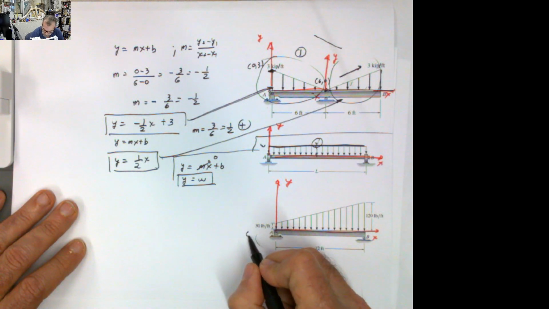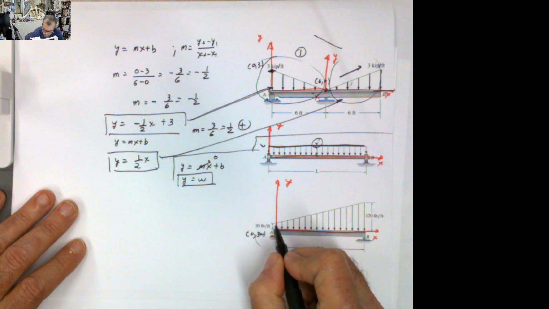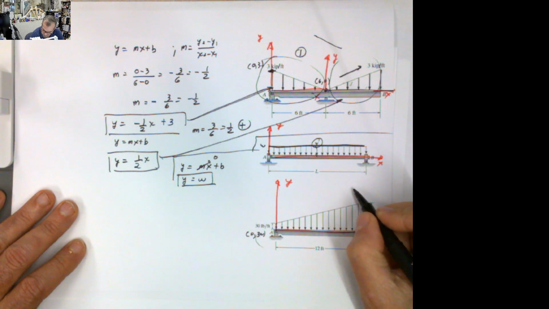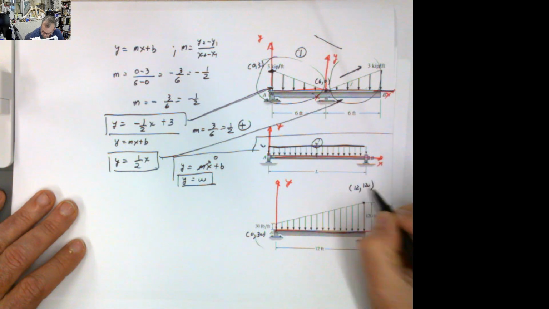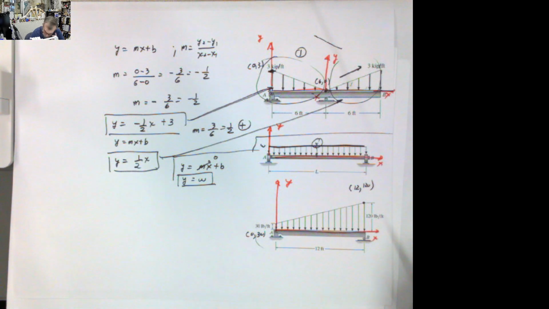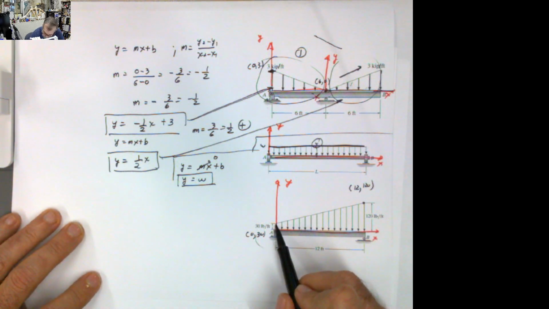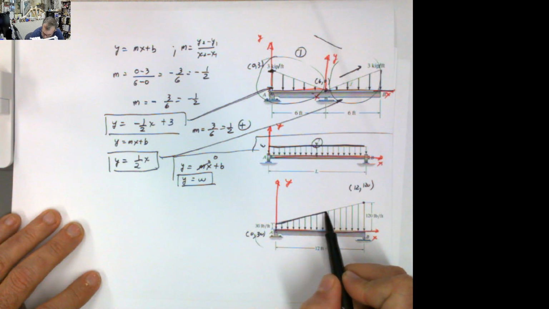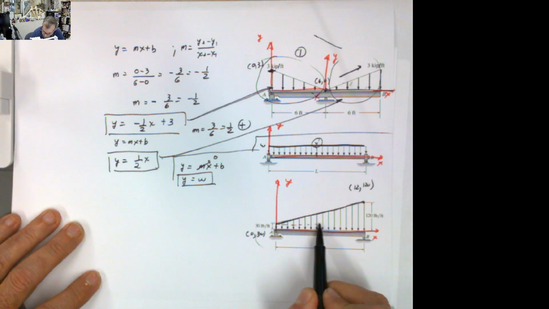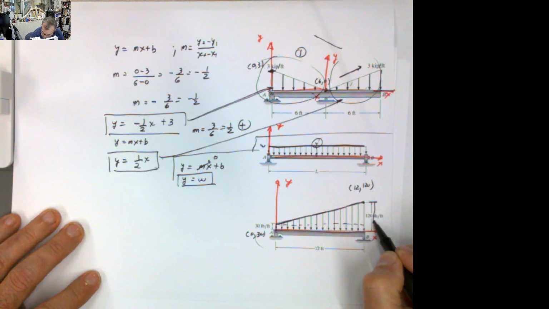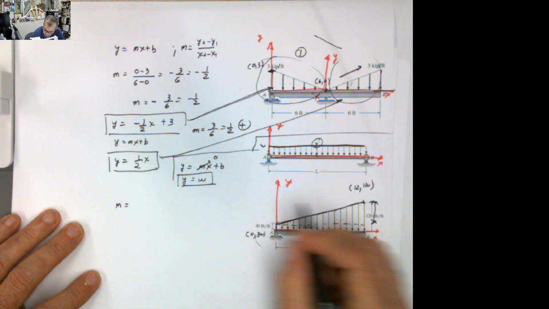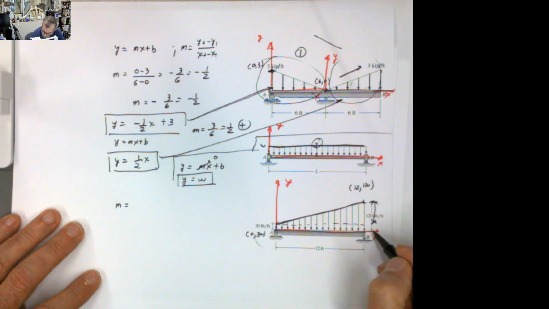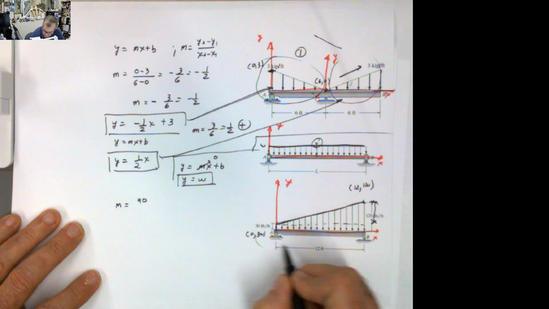The first point will be 0 in x, 30 in y, and this point here will be 12 in x and 120 in y. The rise is 120 minus 30.